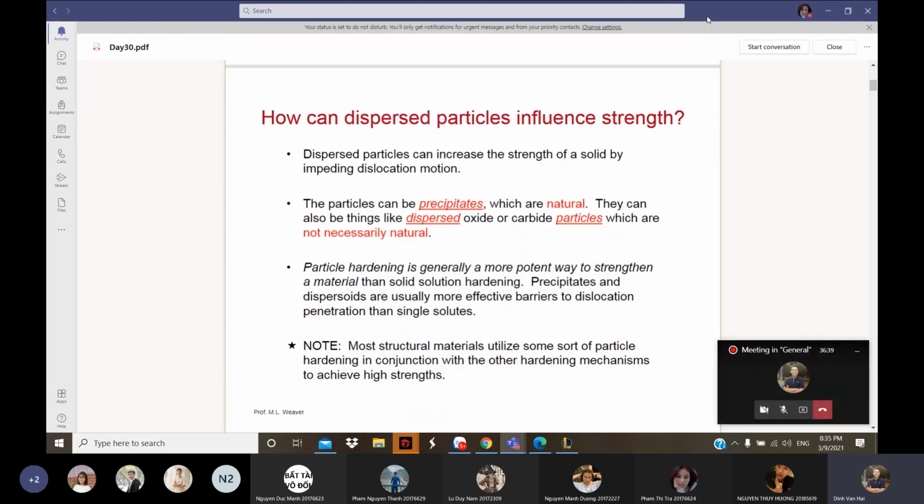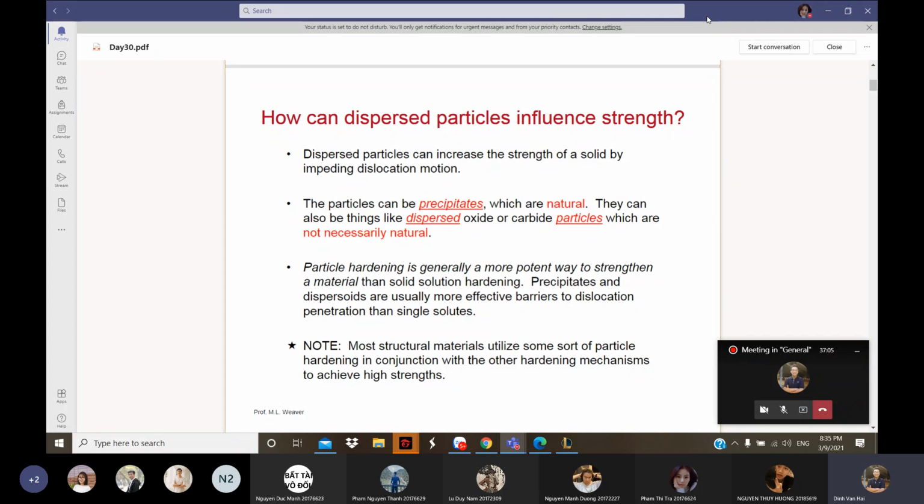But also we can put the oxide or the carbide particles inside materials. And of course, like solid solution methods. So the particle is the barrier to prevent the dislocation.